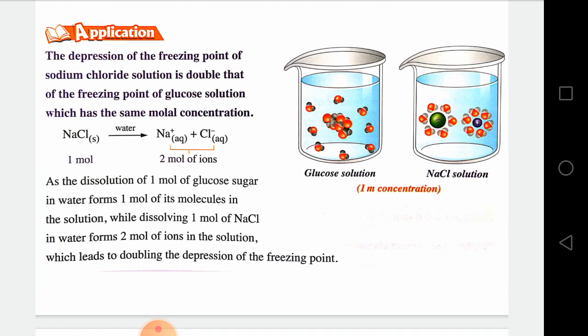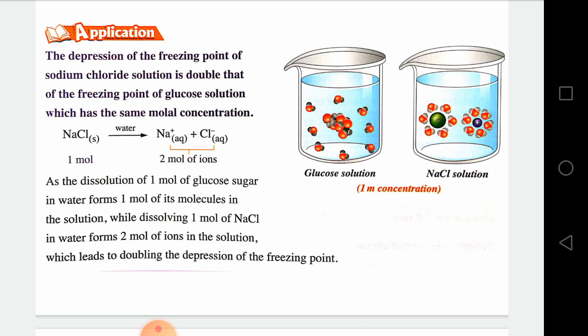Both have 1 molar concentration, which means 1 mole of glucose and 1 mole of sodium chloride in a certain amount of water or solution. But glucose, when dissolved in the water, its particles remain intact. No dissociation or ionization occurs, so 1 mole of glucose remains 1 mole of glucose particles.